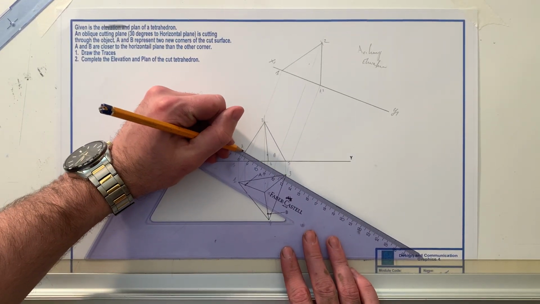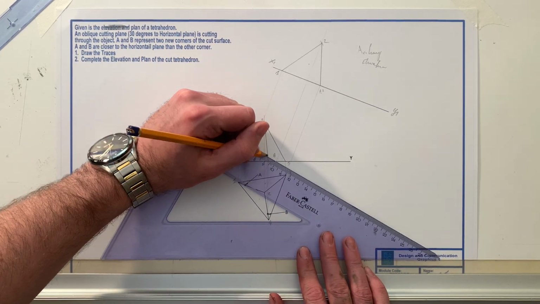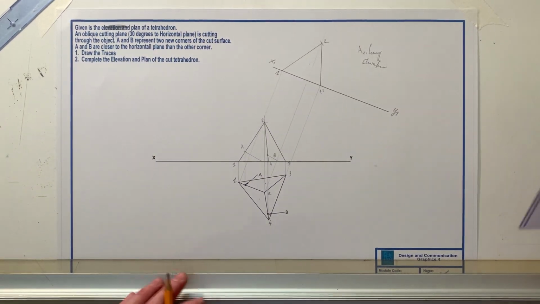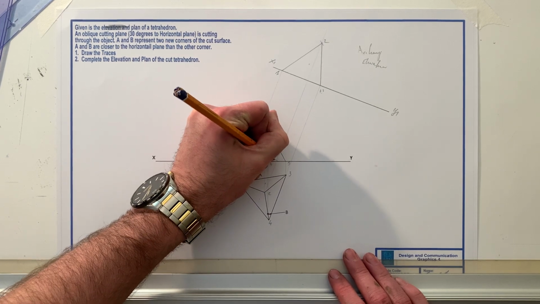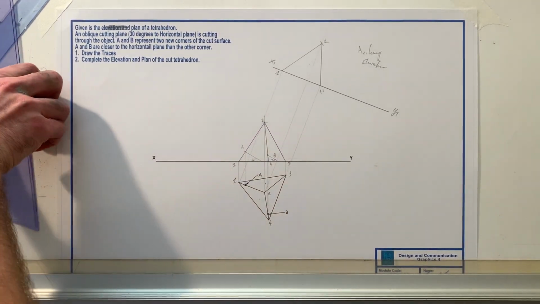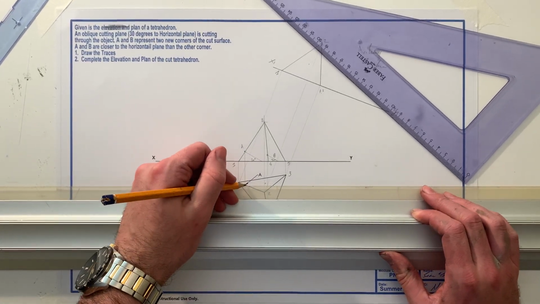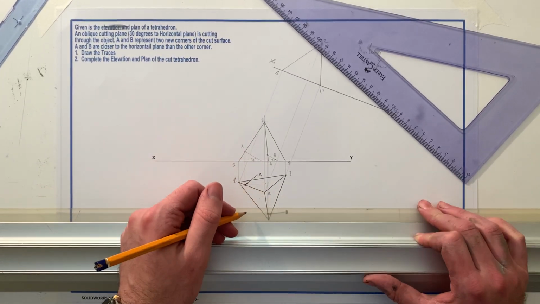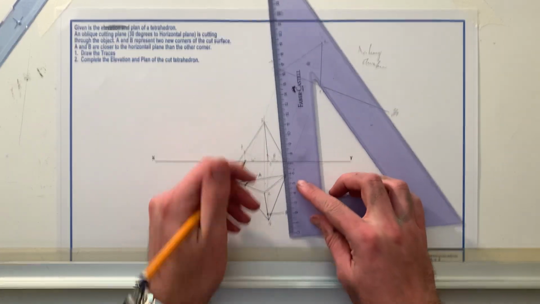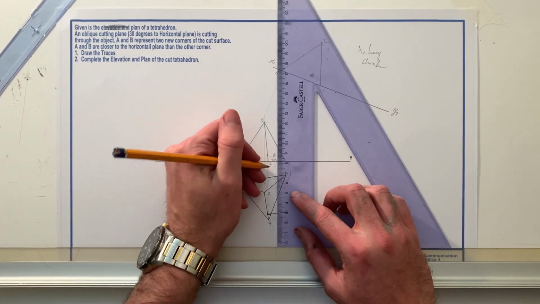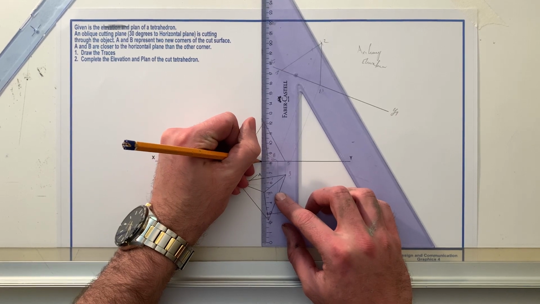All I have to do is construct the side of one of my cones, like so, for A and for B. Take a parallel line from A and B to the XY line, like so, bringing them down.